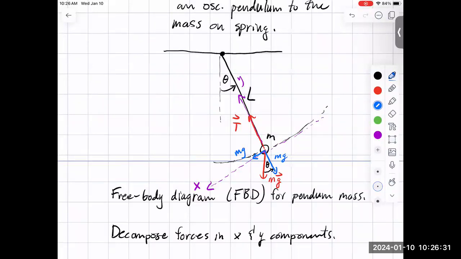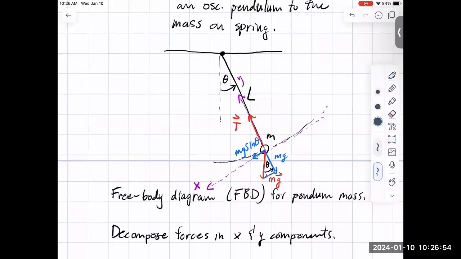So remember SOHCAHTOA, right? Sine is opposite over hypotenuse, and so it involves the side opposite. If I imagine a little right-angle triangle, the sine is going to involve this opposite side, which is the side along the x-axis. And so this is sine theta.